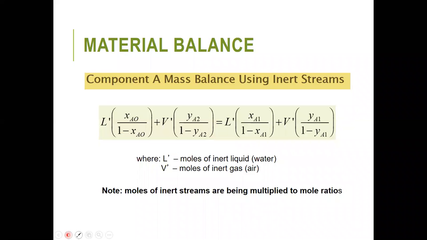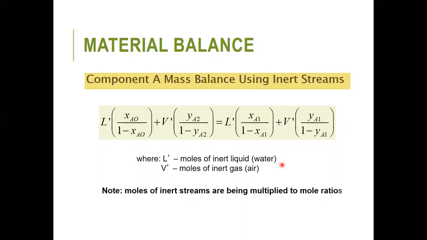Now, I've mentioned also that aside from our total material balance and our component balance, we can set up an alternative component balance equation wherein we're not using the whole value or the original value of the streams or phases, but rather we're only using the inert part of those phases. So if we have a liquid solvent consisting of water and another component, then the inert part of that solvent will simply be water.